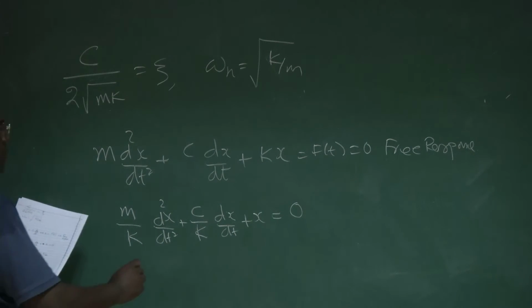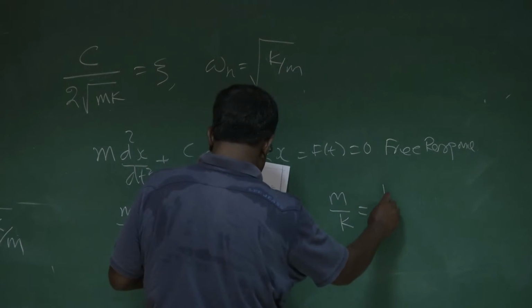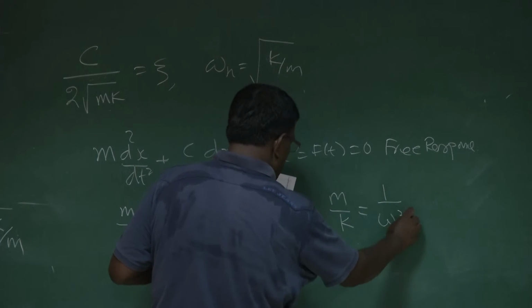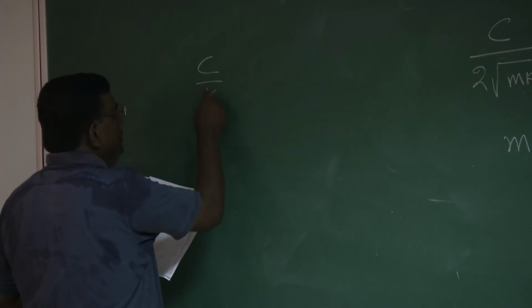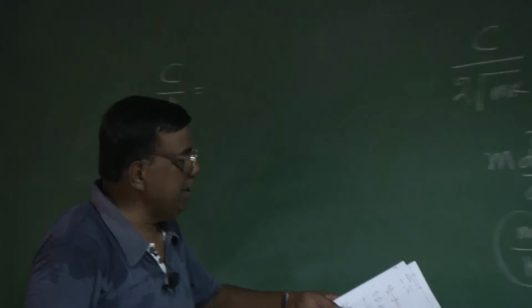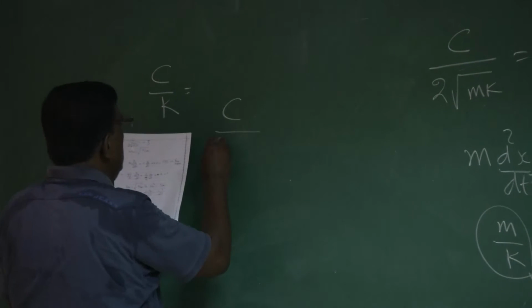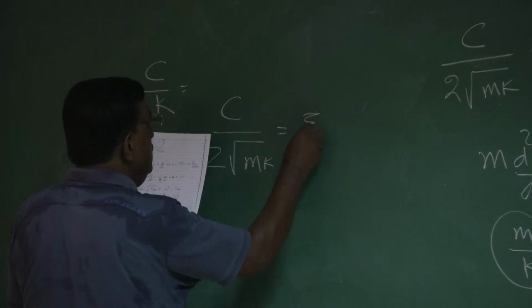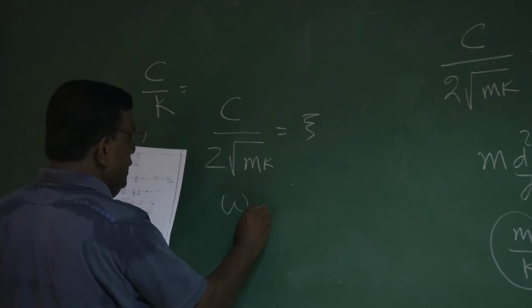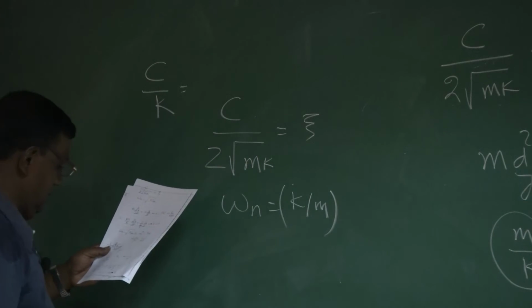And you also know m by k is nothing but 1 by omega n square. Then the question comes, what is c by k? We want to know the value of c by k. And we'll use c by 2 root mk equal to zeta. And we know omega n equal to root k by m, right?